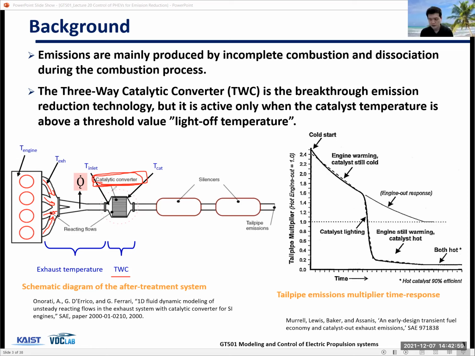Okay. So what that means is when everything is cold, when you start the engine in the morning, you have a cold engine and a cold converter. At that time, this converter is not activated. It doesn't work. It doesn't convert. So during that time, all the harmful emissions coming out of the engine flow directly out of the tailpipe.